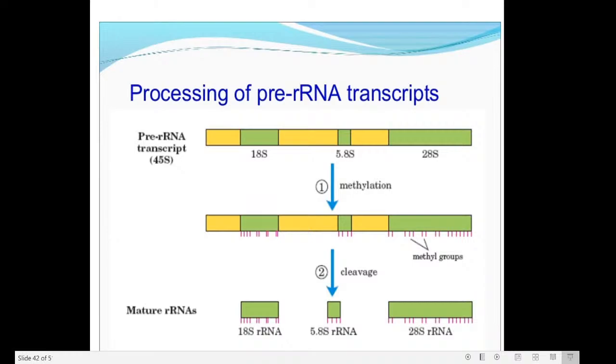These are all the regions having methyl. So the methyl-having regions alone are known as the coding regions. All the excess regions are cleaved, and now we have only the coding regions.